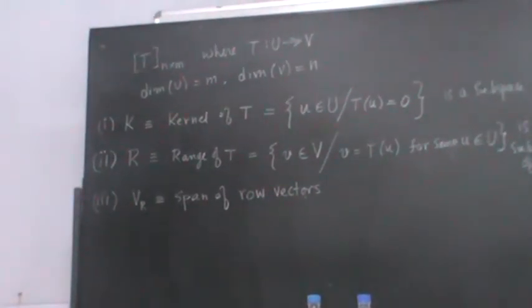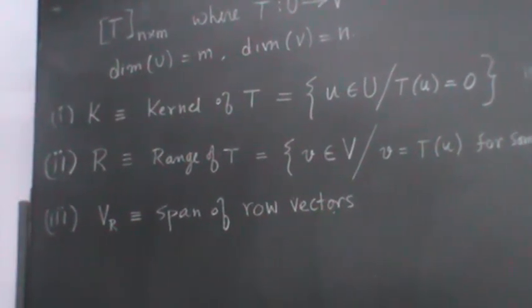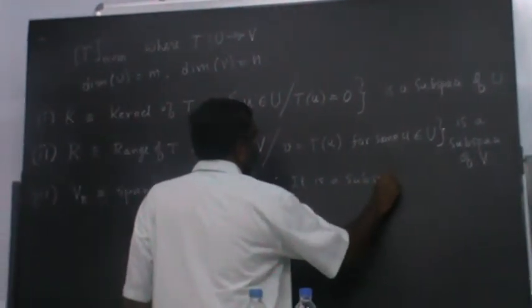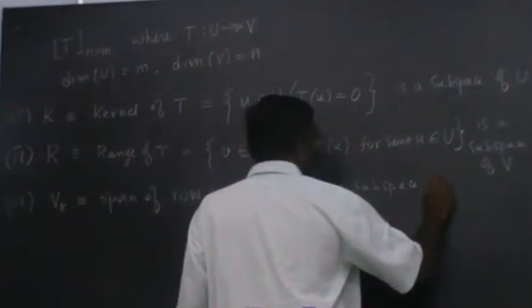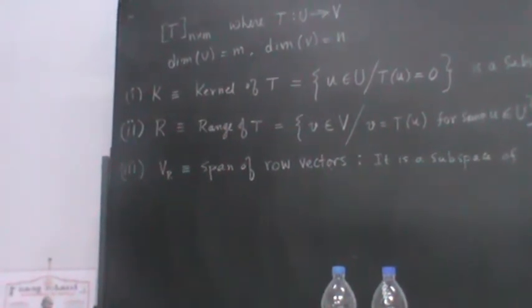But now tell me, it is a subspace of which vector space? I have U and V, only two vector spaces. So this should be a subspace of one of these two vector spaces.